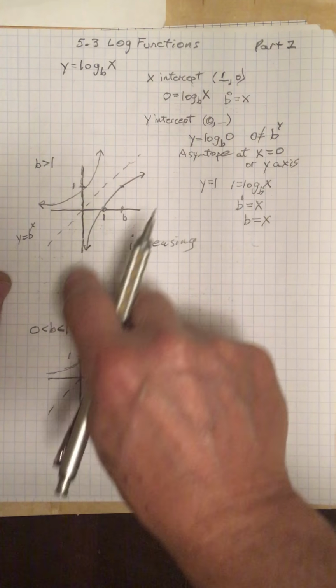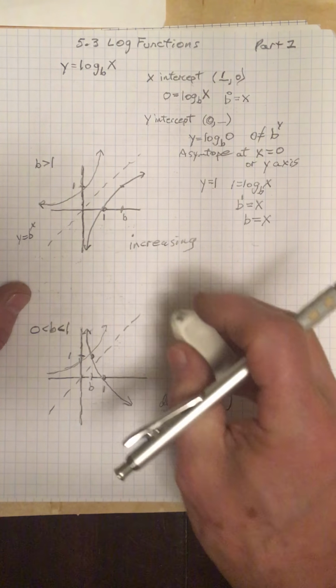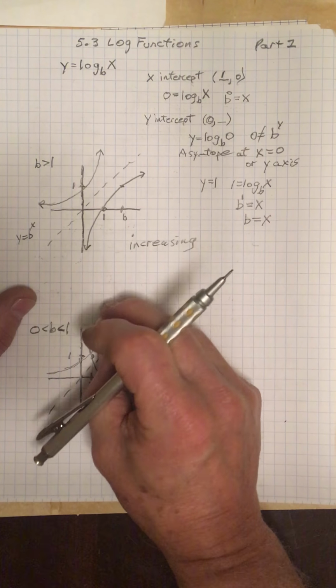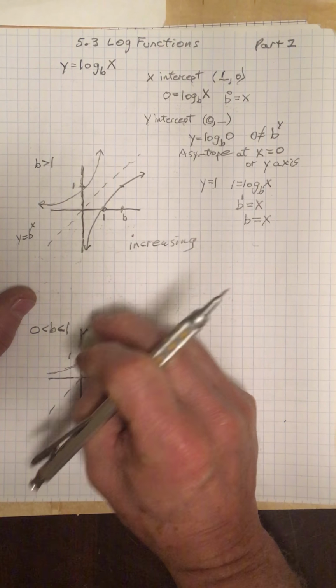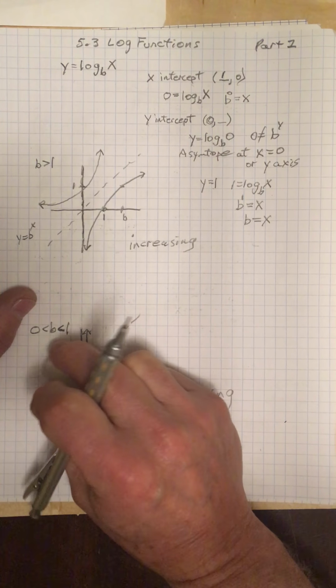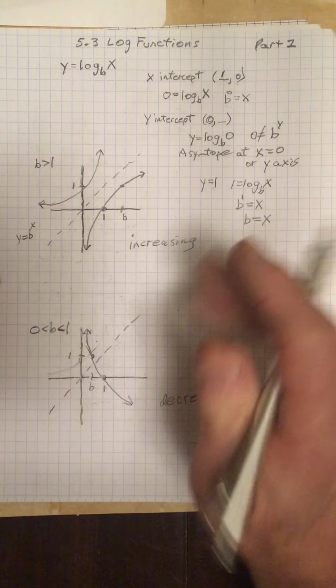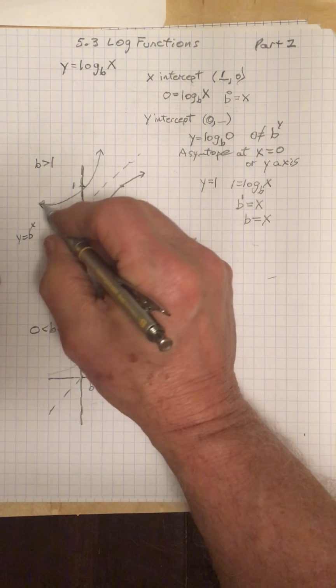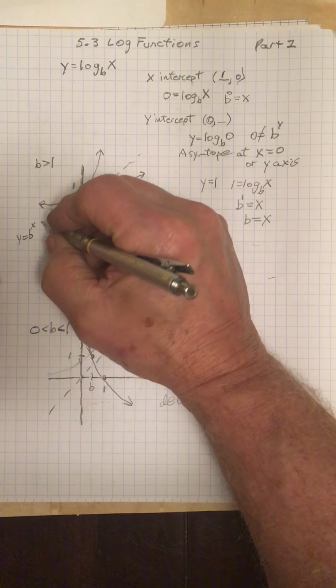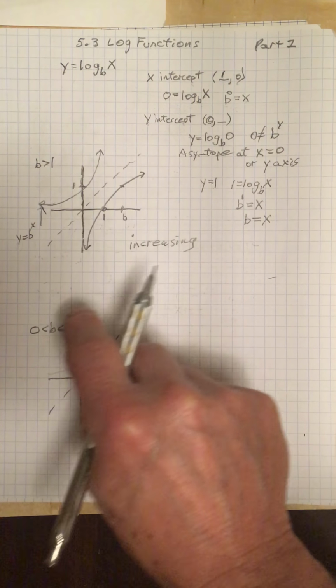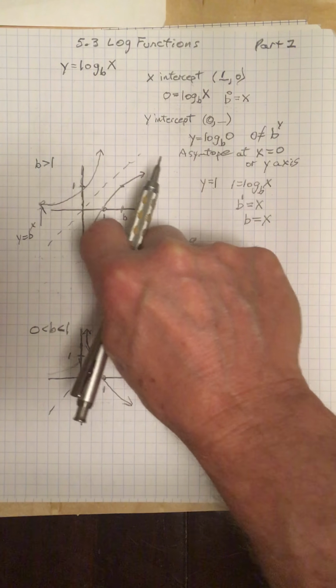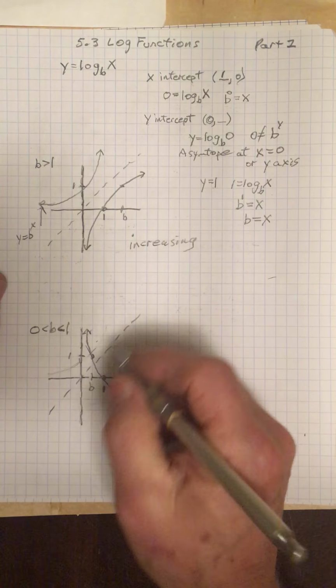Hold on a minute, I got that a little too steep. So what we've got here, this is increasing. This is y equals b to the x. They're inverses of each other. They mirror each other.